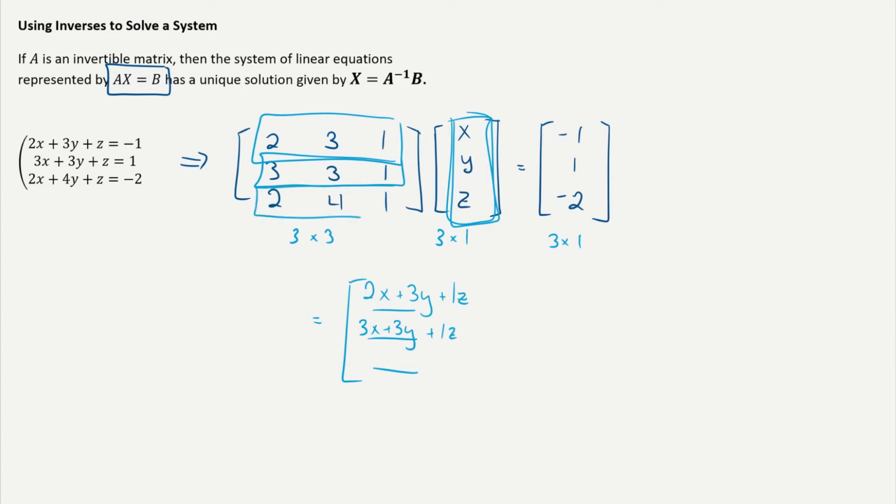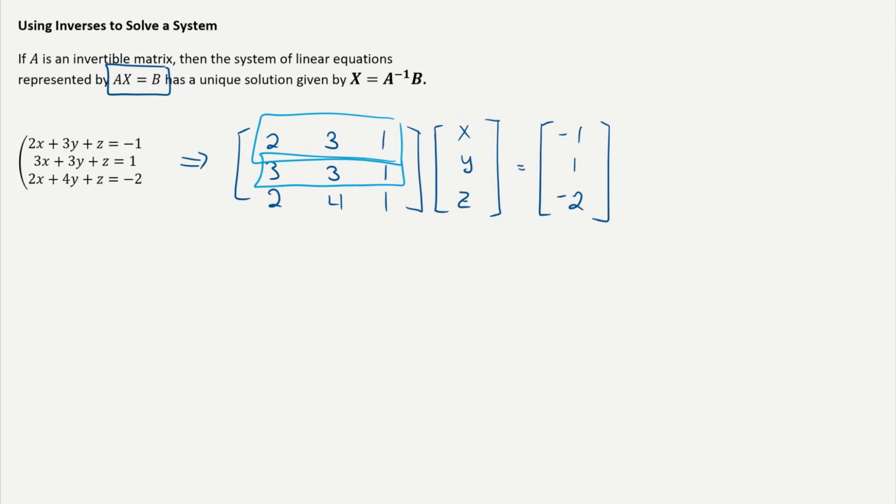And then lastly, I'd have third row times first column, and that would give me 2x plus 4y plus 1z, which, take a look, is the same as the system over there. And we are claiming it equals this portion of it. So we see that if we set up our system as a product of two matrices like this, it can make sense. And this gives us the matrix equation A times X equals B.